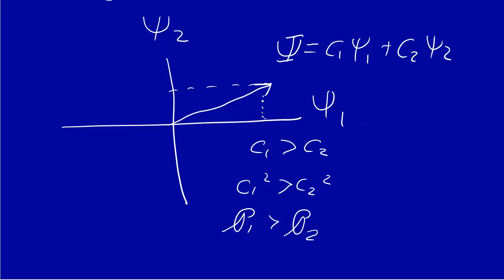So the eigenvalue along here is more probable than the eigenvalue along here. Now I've sloughed off a lot of details, and you have to worry about the fact that these vectors have to be normalized and so on. But in general, I hope you get the idea from a geometric perspective of what these coefficients mean when you have a state which is not in any one of these eigenstates.